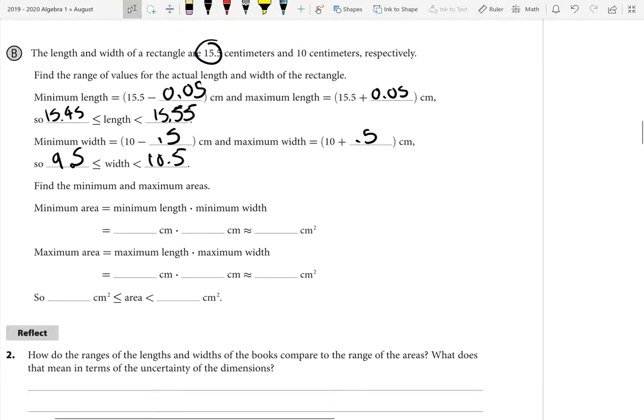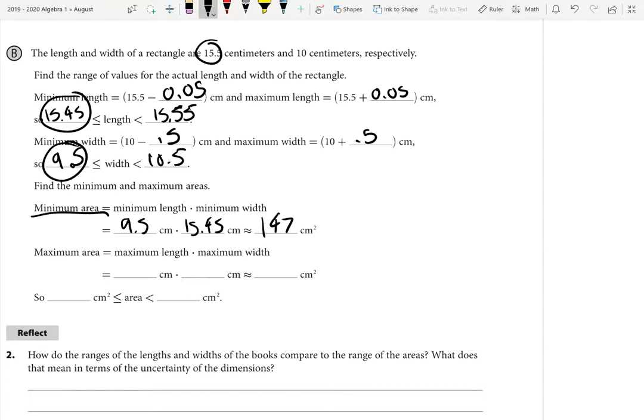So now the minimum area, we take our smallest values and multiply them together. So the 9.5 centimeters times the 15.45, and we get 147 centimeters squared. And then for the maximum area, we take the bigger values.